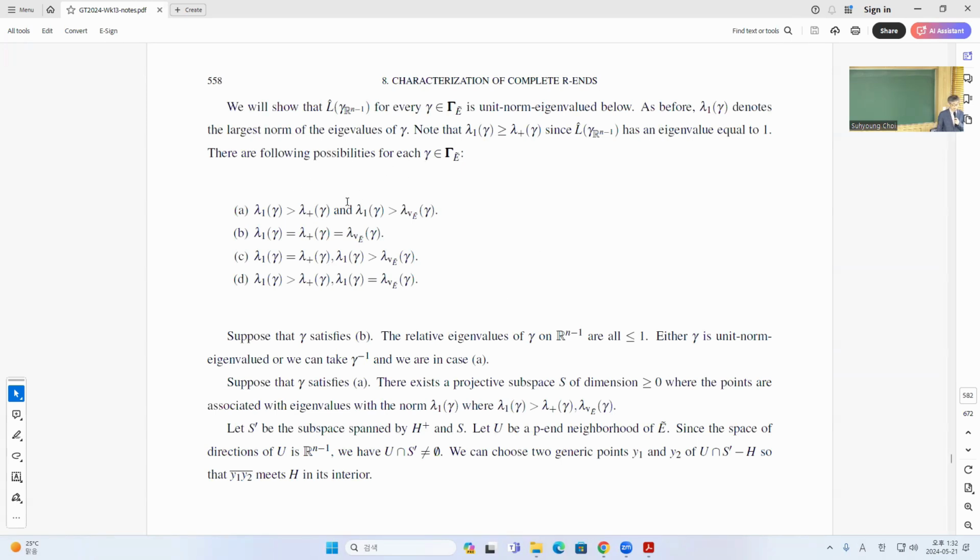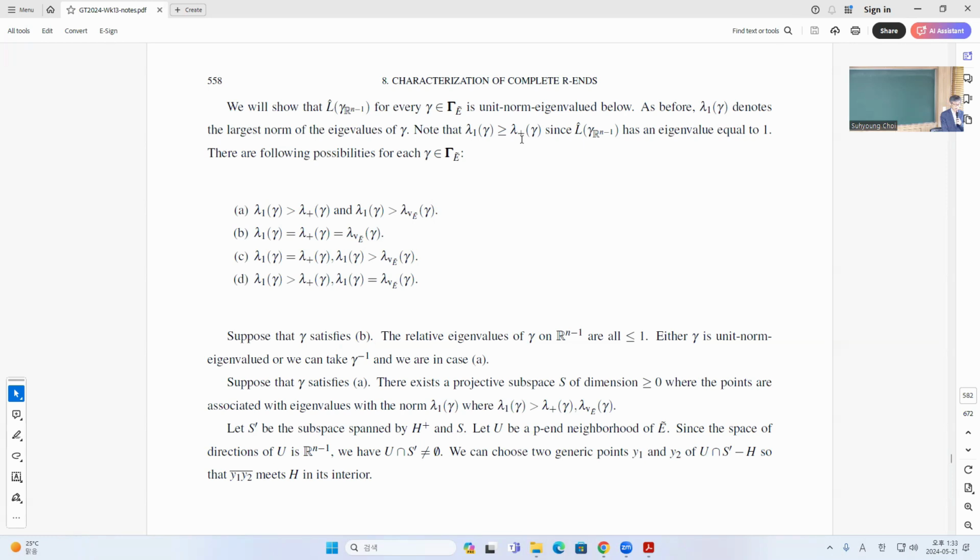So lambda 1 gamma is bigger than lambda plus, and lambda 1 is bigger than lambda BE, or it could be equal. Another possibility is this is equal and this is strictly bigger, and then another possibility is bigger, and this is strictly equal to this. So under this assumption, lambda BE can have only this many possibilities.